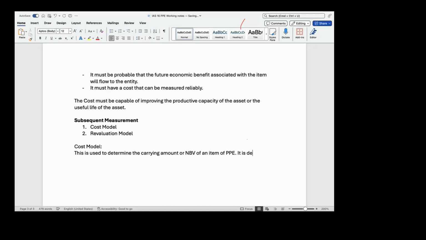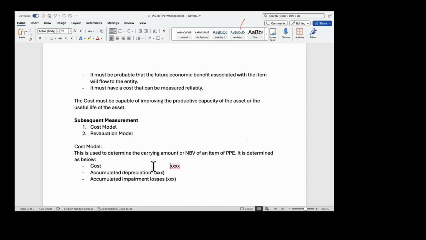And it is determined as below. Number one is the cost of the asset, minus accumulated depreciation on that asset, minus accumulated impairment losses.